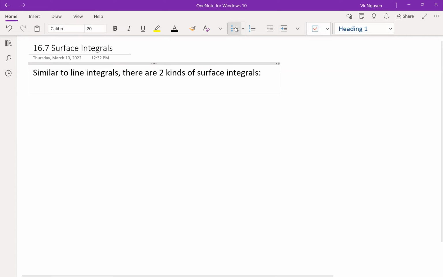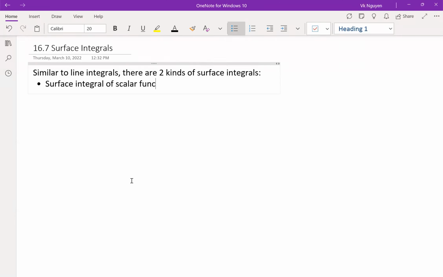First one is the surface integral of scalar function. And then remember, this function here is gonna be a function of x, y, z because we're moving up to one variable, right?